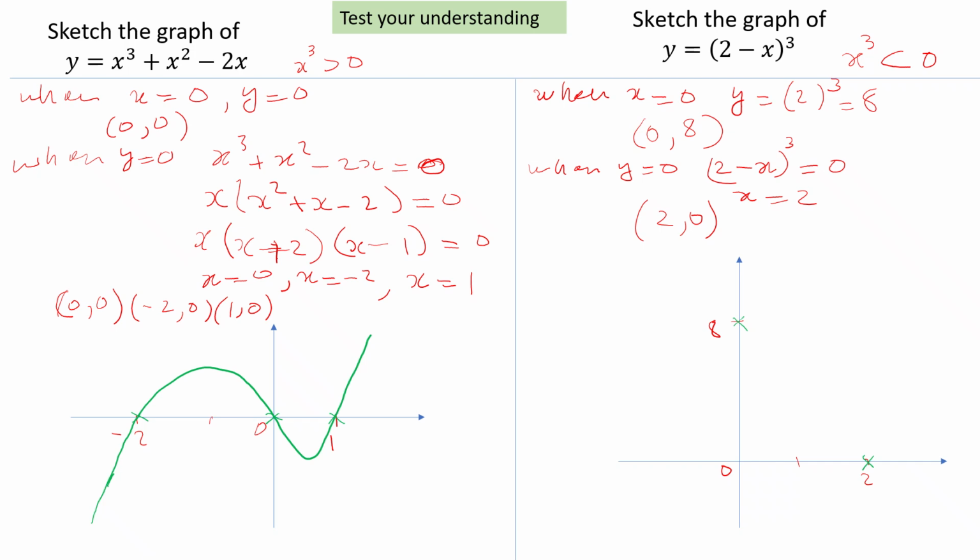So the graph starts from the bottom left. Sorry, the x cubed is negative, so the graph starts from the top left. So this starts from this. So all three roots are same. Here only x equal 2 is the root.